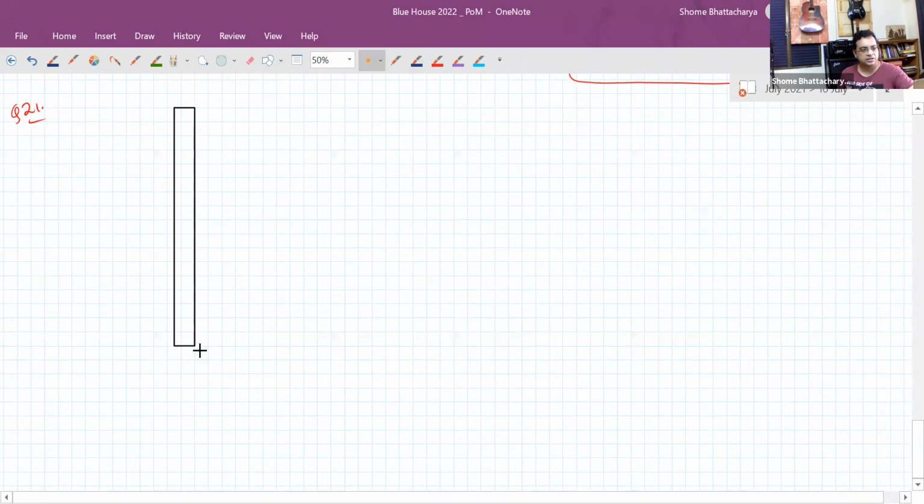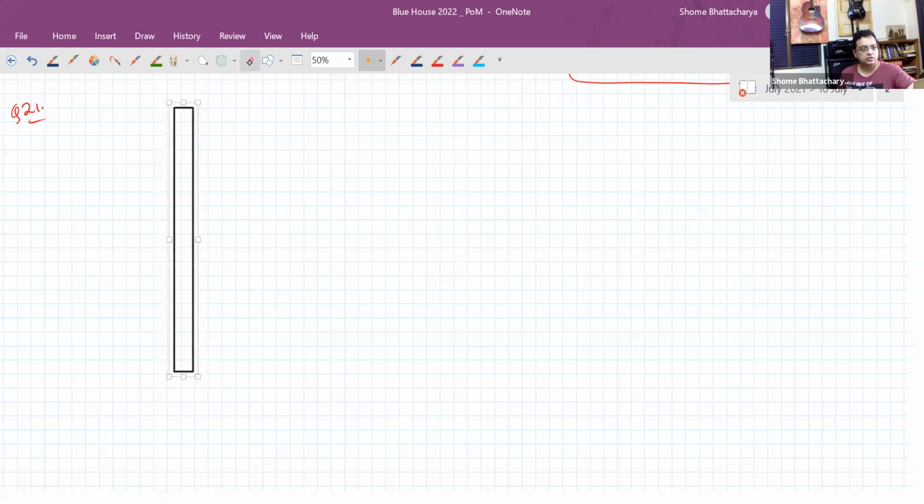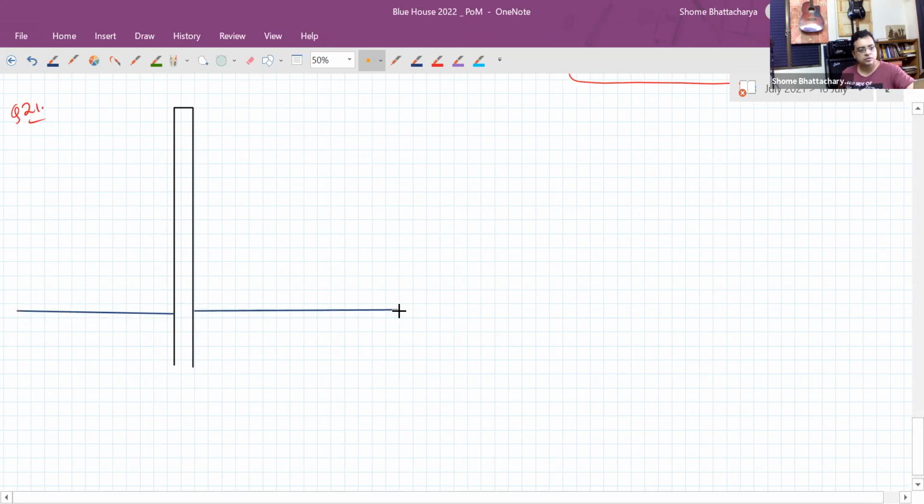So let's imagine this is the cylindrical tube of the barometer, and this has been dipped into mercury. Now, obtuse contact angle means the meniscus will be like this actually.